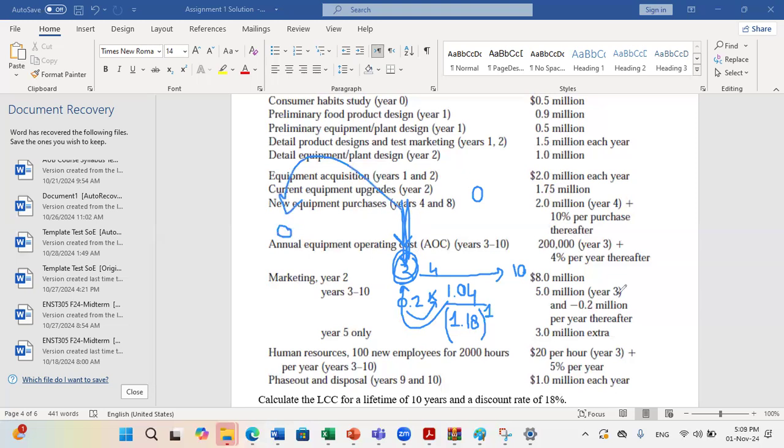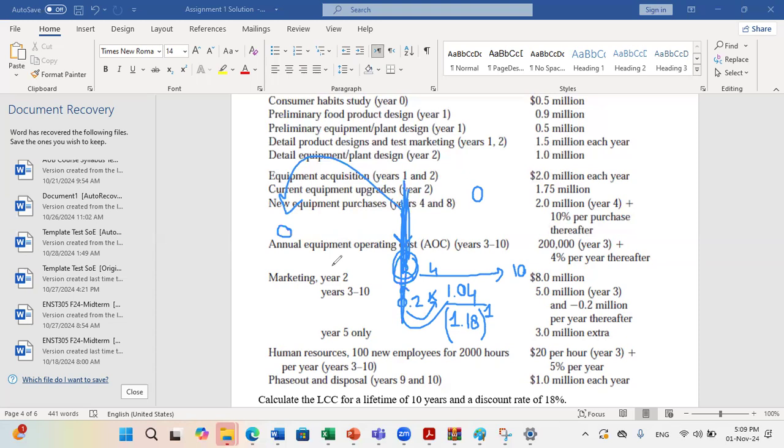Because I am starting this increase of 4% and the division by 1 plus A from year 3, considering that this is my starting time. I'm not doing 1.04 for the previous years. So one strategy will be to do this method.